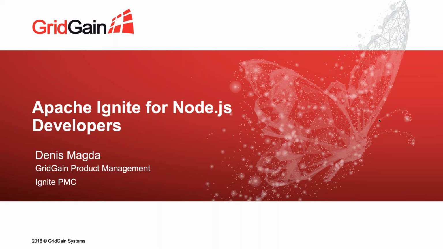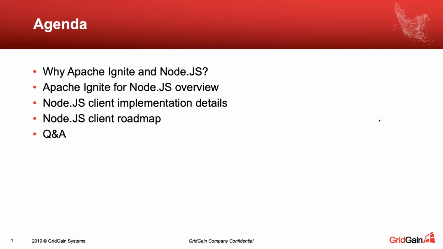Hello, everyone. Thanks for joining our webinar today. Hopefully, you'll get interesting facts about Apache Ignite and specifically how Apache Ignite can be used together for your Node.js-driven applications. So the agenda is pretty straightforward.